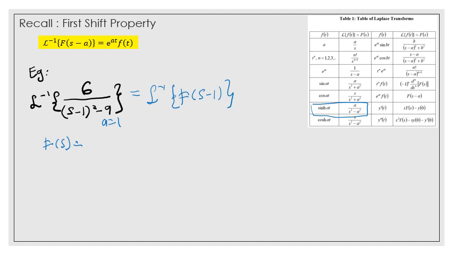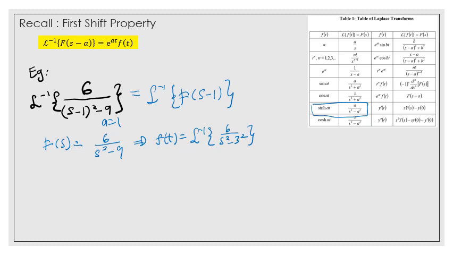So the answer will be 6 over s square minus 9. From F(s) we can find f(t), which is equal to inverse Laplace of F(s), so equal to 6 over s square minus 3 square.